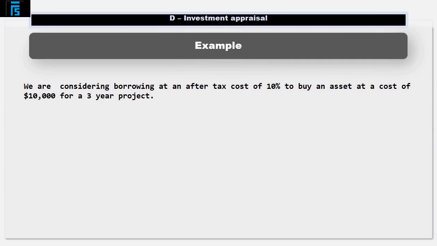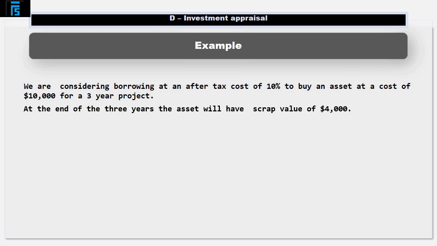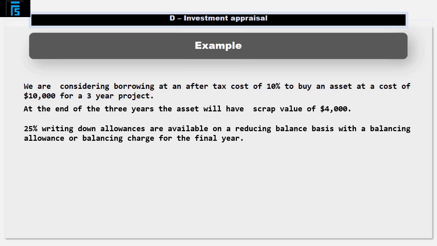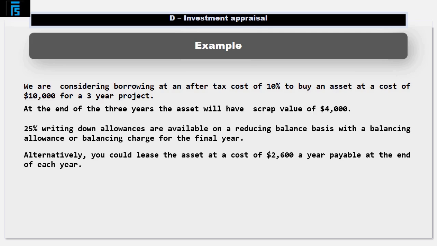Let's work through a question to see how we tackle the situation. Suppose we're considering borrowing at an after-tax cost of 10% to buy an asset at a cost of $10,000 for a 3-year project. At the end of the 3 years, the asset will have a scrap value of $4,000. 25% writing down allowances are available on a reducing balance basis with a balancing allowance or balancing charge for the final year.